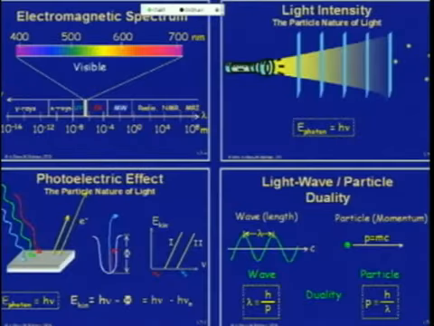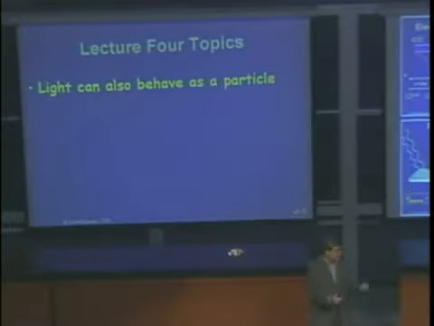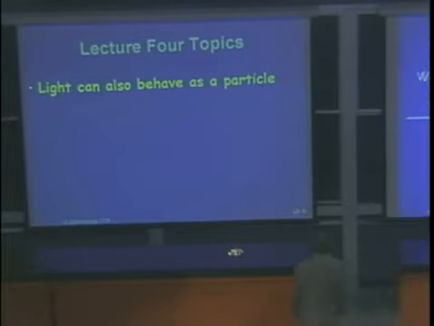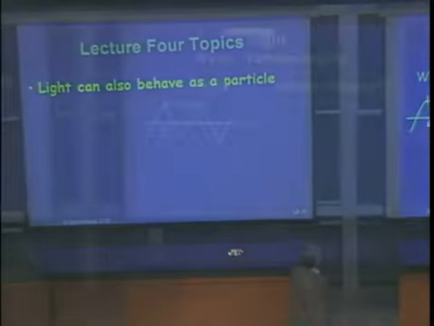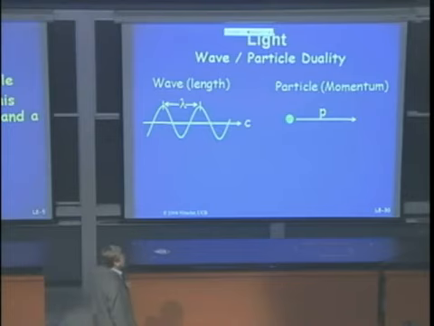Light can also behave as a particle. We have established that light is a wave, but it also can behave as a particle. And the smallest unit of light as a particle is called what? A photon. And light comes in quantum, in packages, a package of smallest units of energy, photons, okay? And so it can have a wavelength, and if it's a particle, then it has momentum.